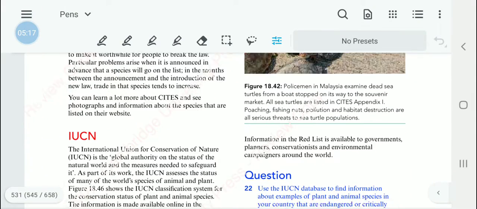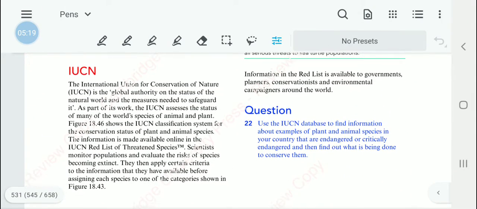Then IUCN is another very important organization, the International Union for Conservation of Nature. This is defined as the global authority on the status of the natural world and the measures needed to safeguard it.